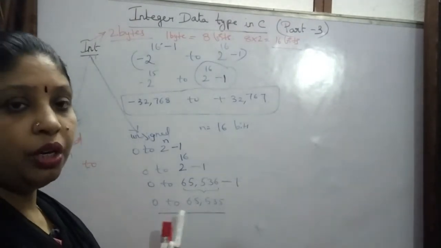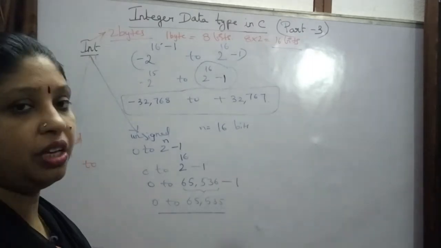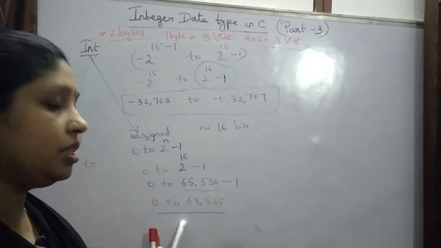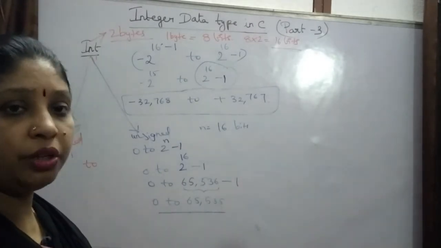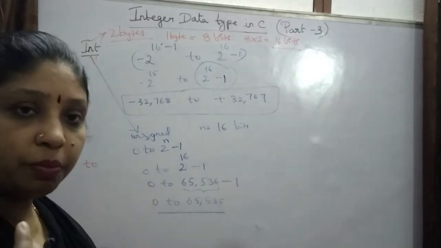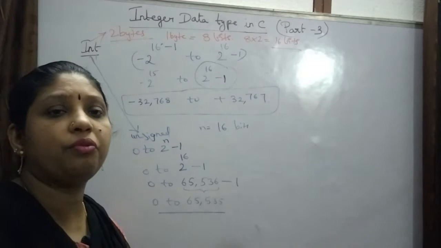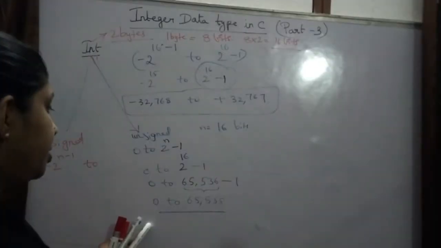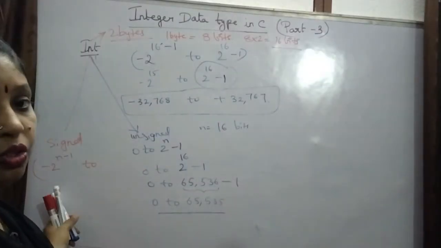If you are assigning any value above this range, it is going to give a warning, like it's not going to accept it, or that particular value is not available, or that type of warning. So this is about the unsigned range of values, and this is about the signed range of values.